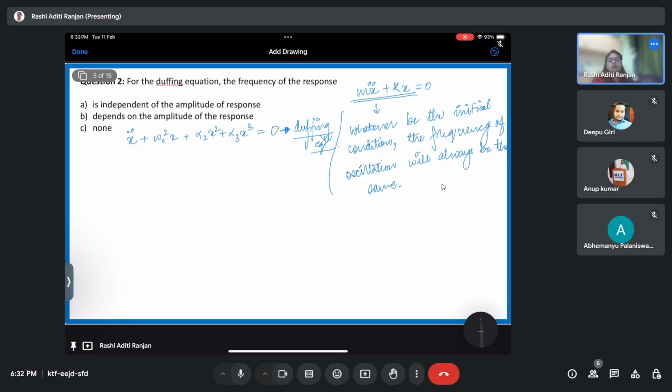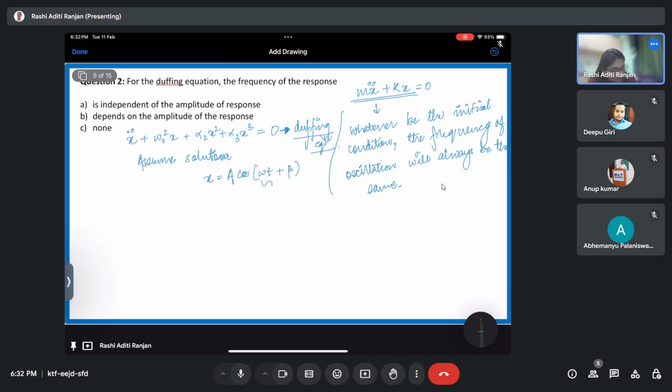So what will I do? First thing is, I assume that my response is periodic, which means we assume the solution as A cos(omega t plus beta).